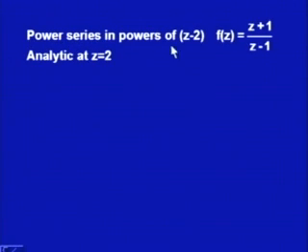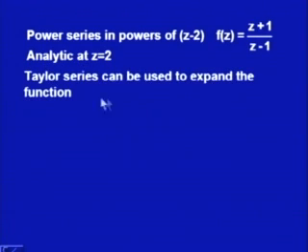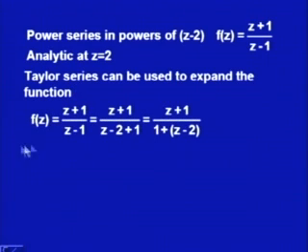Now if we have to express the same function, but in powers of z minus 2, then we may notice that this function is analytic at z equal to 2. So, the Taylor series can be used to expand this function, and again we simplify this term so that we can expand it in powers of z minus 2.